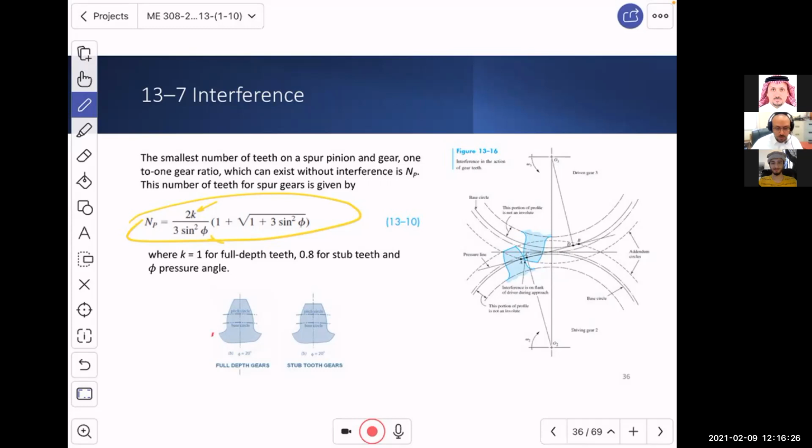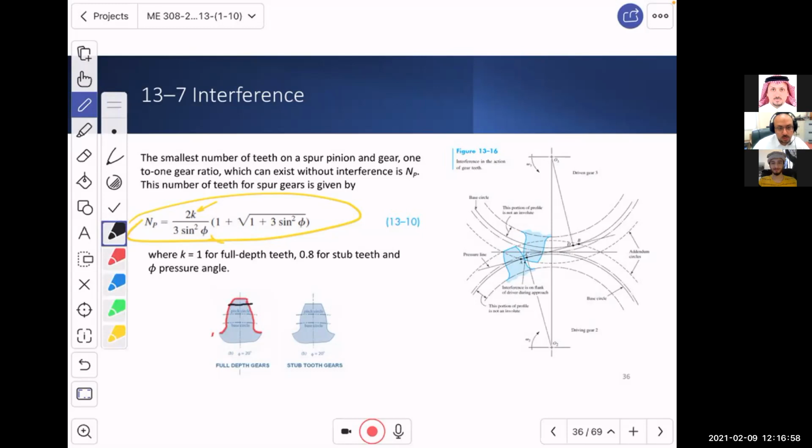But what is a full depth tooth, and what is not a full depth tooth? Well, if for any practical reason, you come to the tooth, and this is a full depth tooth, this is one tooth, full depth. And for whatever reason, you decided that you see this part?